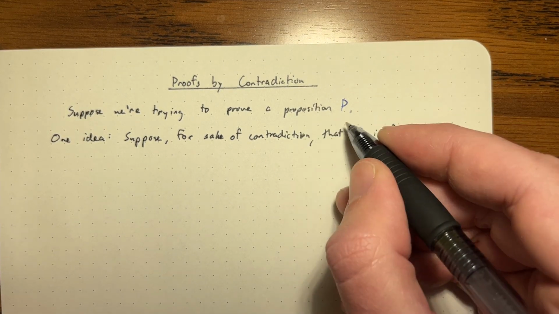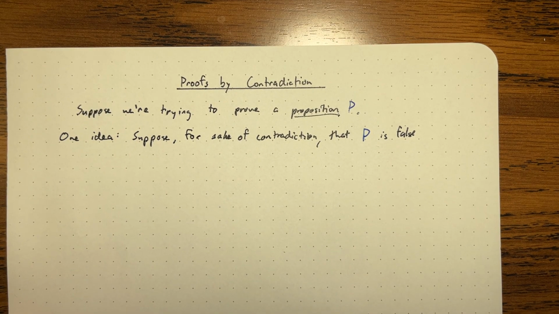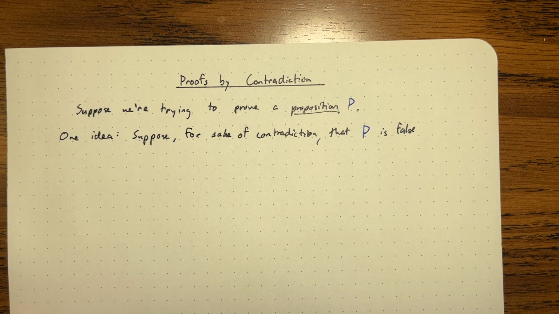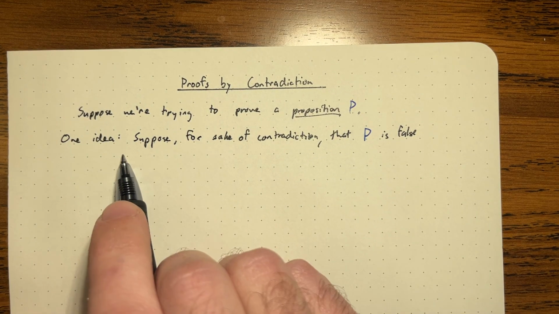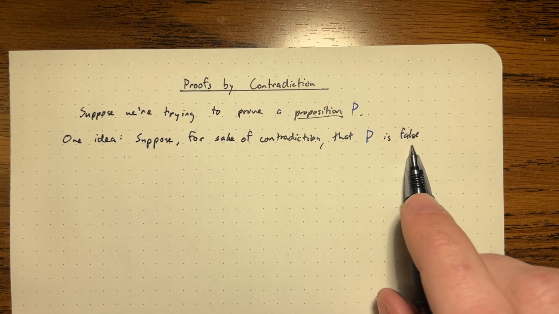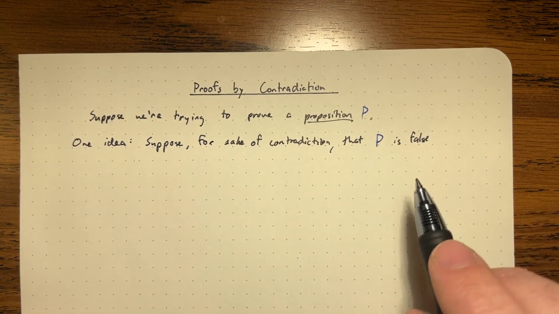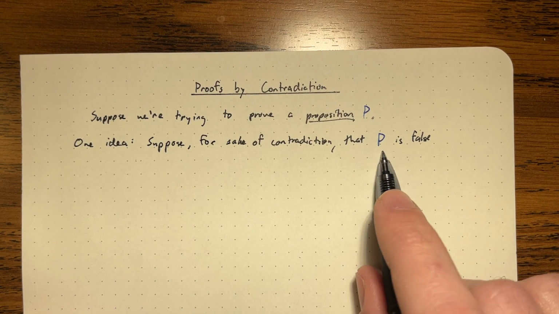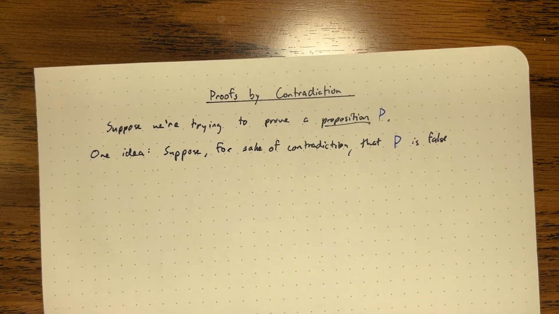A proposition, remember, by definition is either true or false. It has a definite truth value, right? We want to prove that it's true. If we suppose that it's false, and then we somehow proceed logically and arrive at a contradiction, well, then we'll actually know that it couldn't have been false, so it must have been true.